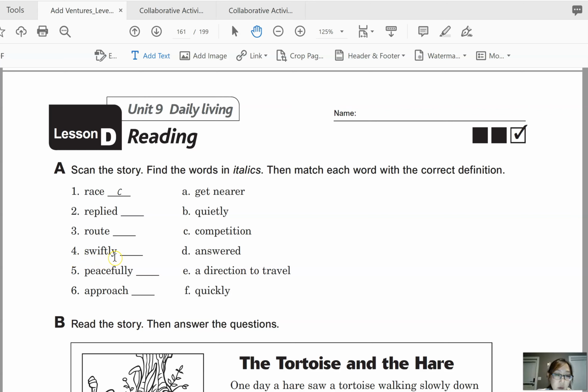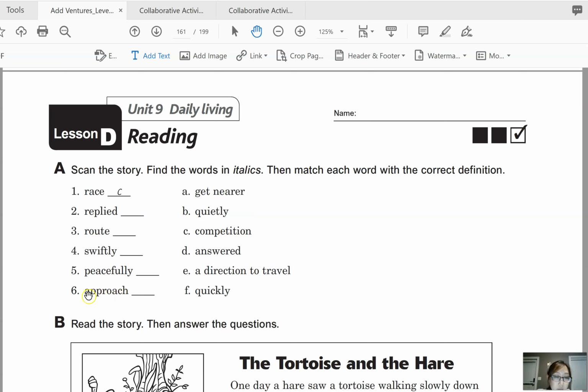This is an adverb, so we can say swiftly means quickly. Swiftly means quickly. Okay, and then number 5, peacefully. This is also an adverb, so we can say peacefully means quietly. Peacefully means quietly. And then finally, number 6, approach.